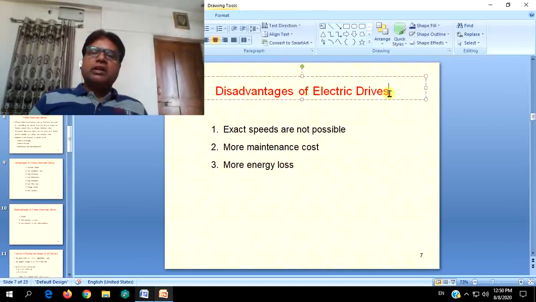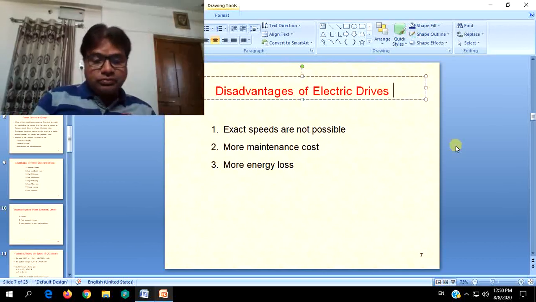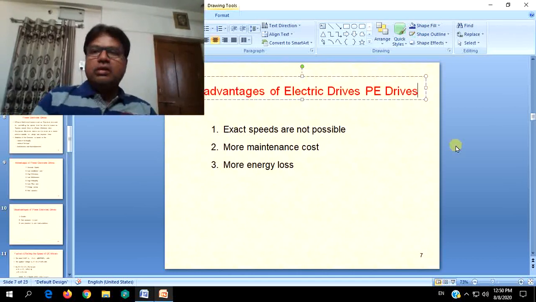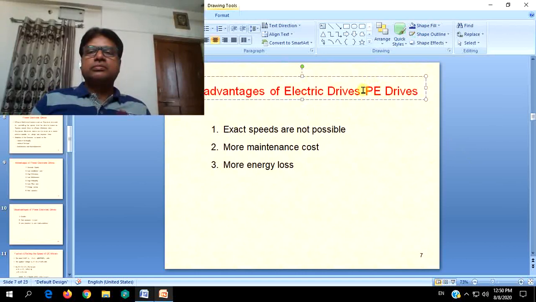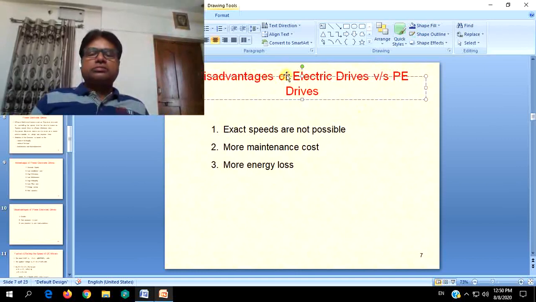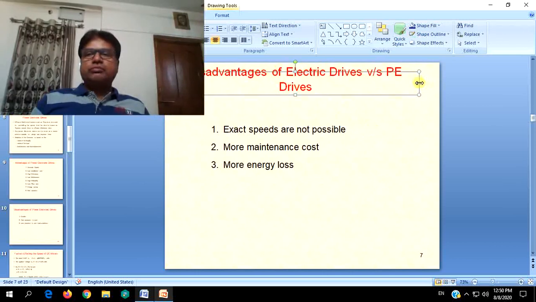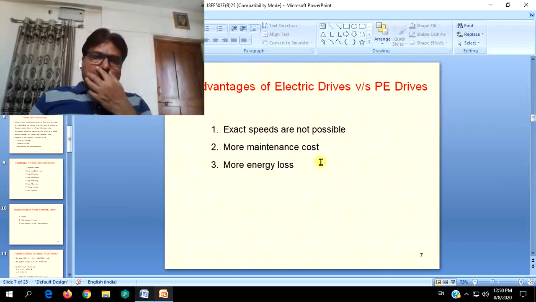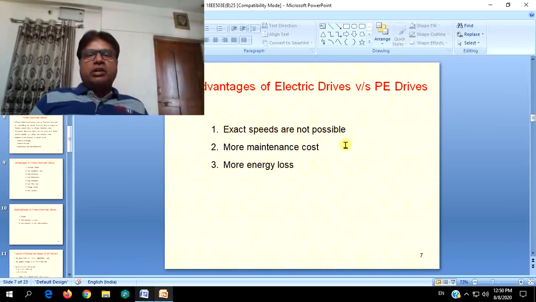Disadvantages of electric drives in comparison to PE drives: these are disadvantages when compared to power electronic drives, in which exact speeds are not possible.